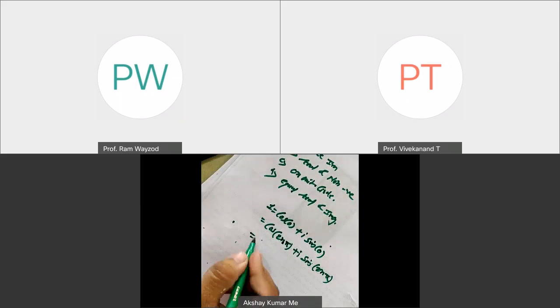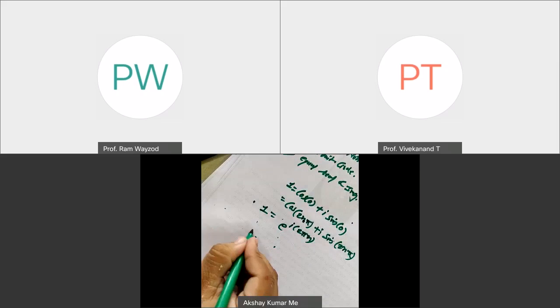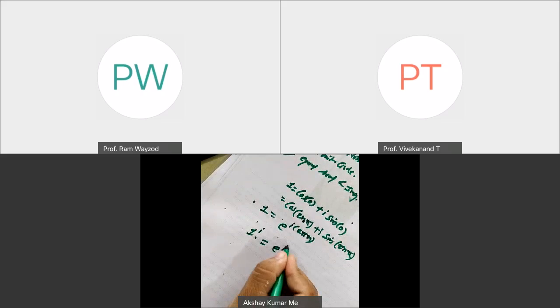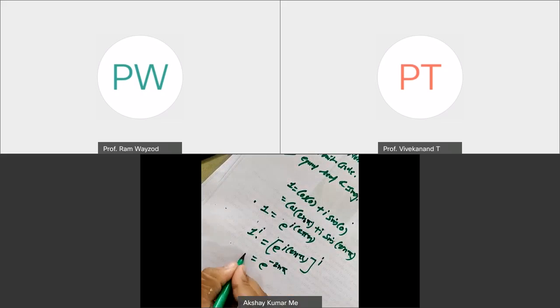Now cos theta plus i sin theta is e to the power i theta, where theta means 2n pi in this case. This is the value of 1. And we have to calculate 1 to the power i, meaning (e to the power i 2n pi) to the power i. So we get e to the power minus 2n pi as the value of 1 to the power i.